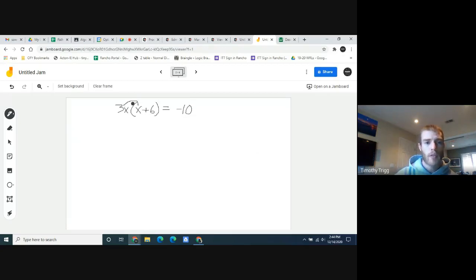So let's go ahead and distribute the 3x. So that's 3x squared. 3x times 6 is plus 18x. And let's go ahead and add 10 to both sides of the equation so that we can get plus 10 over here.